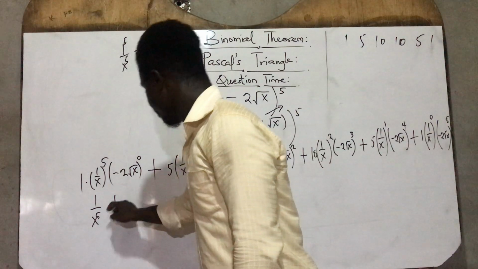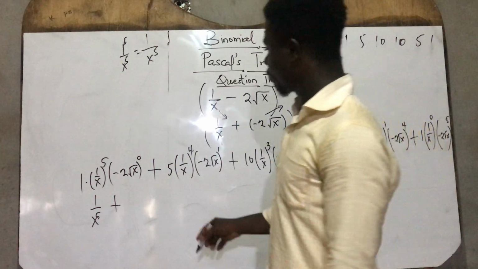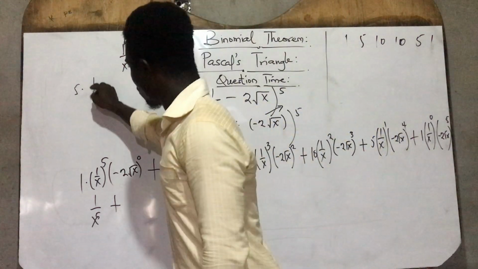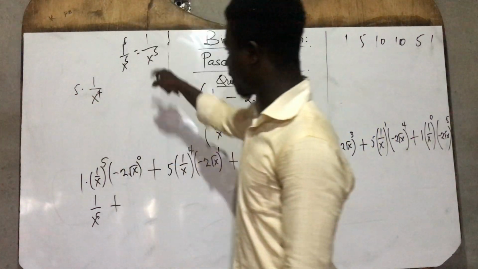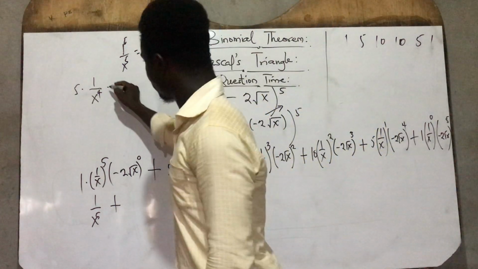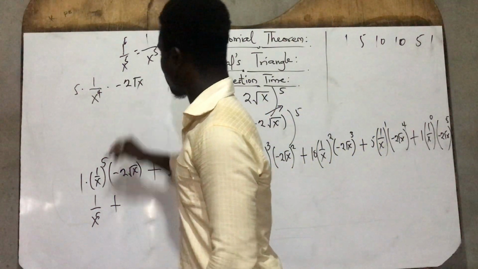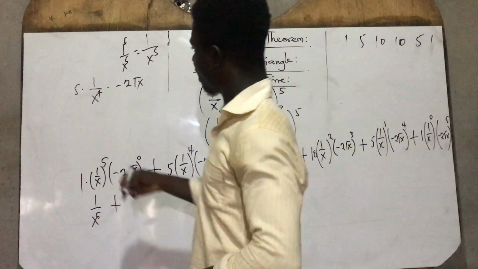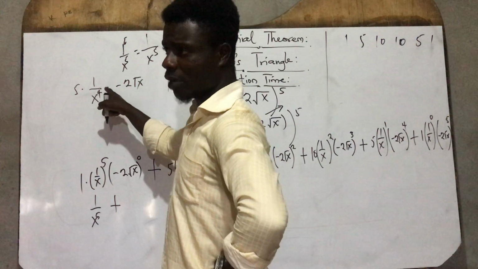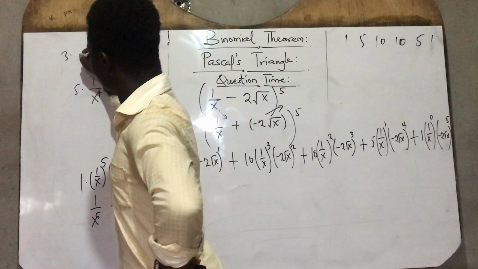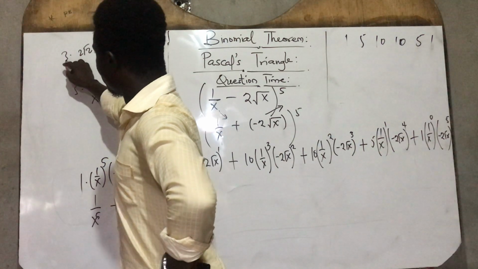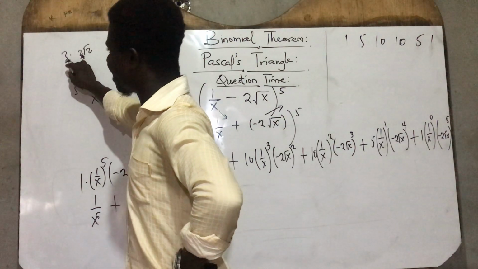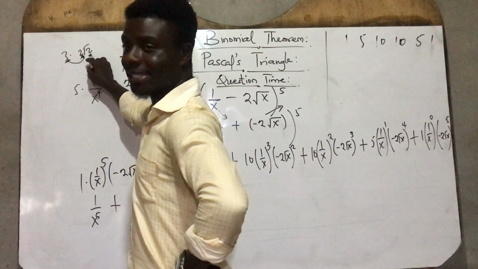Then plus this. I have 5 times this, which is 1 on x to the power 4, times my minus 2 root x. I believe you remember surds: we have 3 times 2 square root of 2. This 3 multiplies this 2, because this 3 is not inside the square root, but this 1 is in the square root.